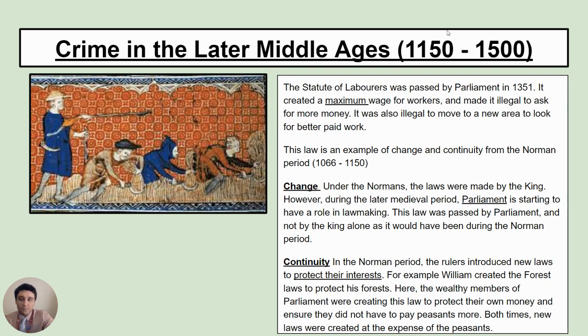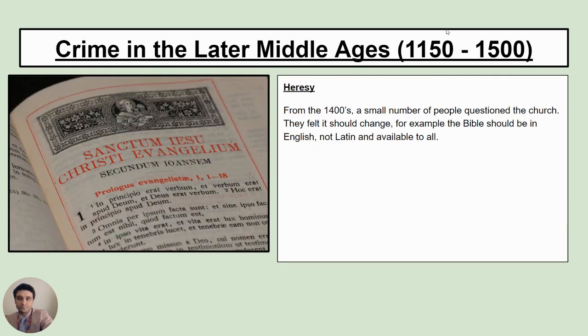Here, we've got the wealthy members of Parliament saying, we want to stay rich, we don't want to give the peasants more money, and so this law was created to protect them. So both times, Normans and the later Middle Ages, we are seeing the rich creating new laws to protect their own interests at the expense of the peasants. So the Statute of Labourers is an example of change and also continuity as well.